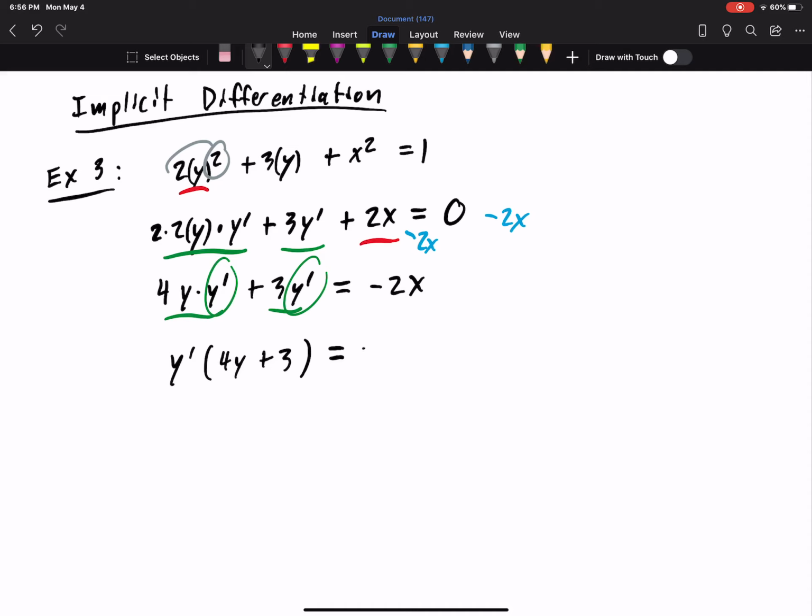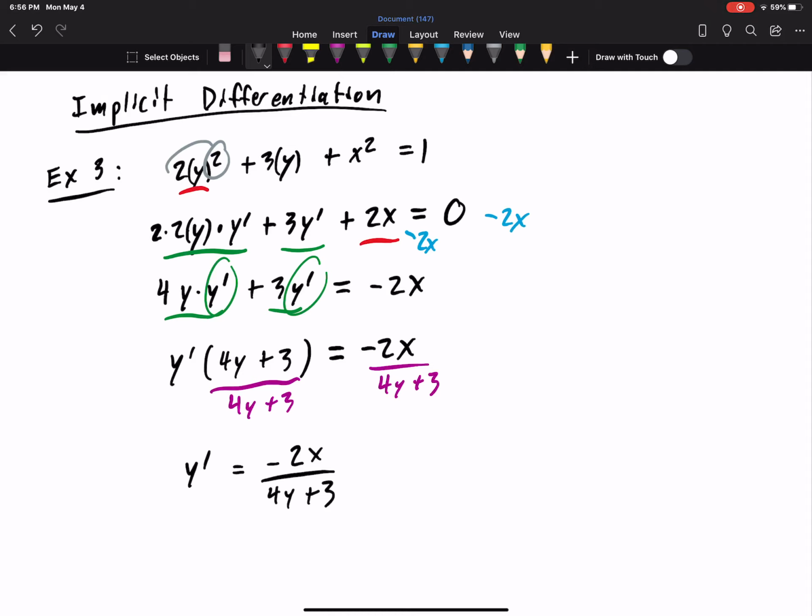This is then equal to minus 2x because we didn't do anything with the right-hand side. What's the last step? Last step is to divide both sides by this 4y plus 3. Okay, and when you do that, you're going to have y prime is equal to minus 2x all over 4y plus 3. And that is your final answer.